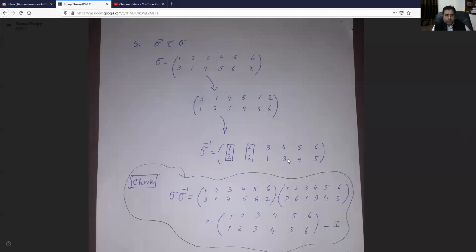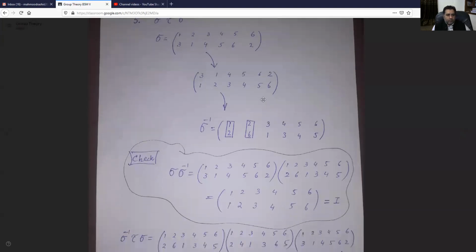I warned you that you will not take this as the inverse. This is an intermediate step. We need to then arrange all these entries from 1 in increasing order till the final value.